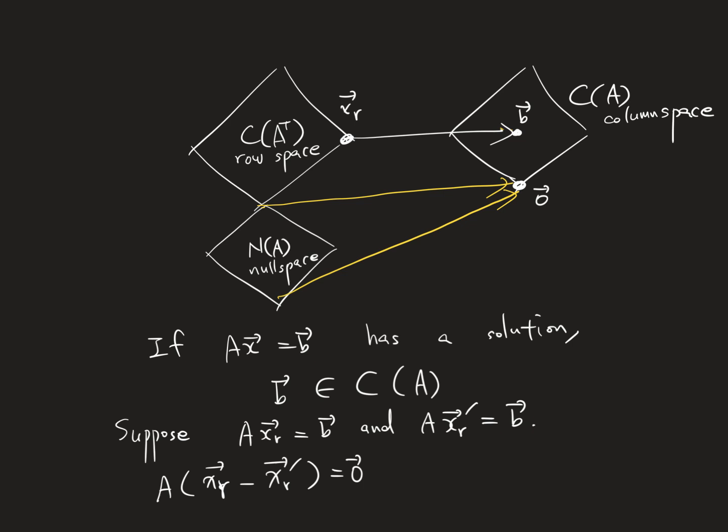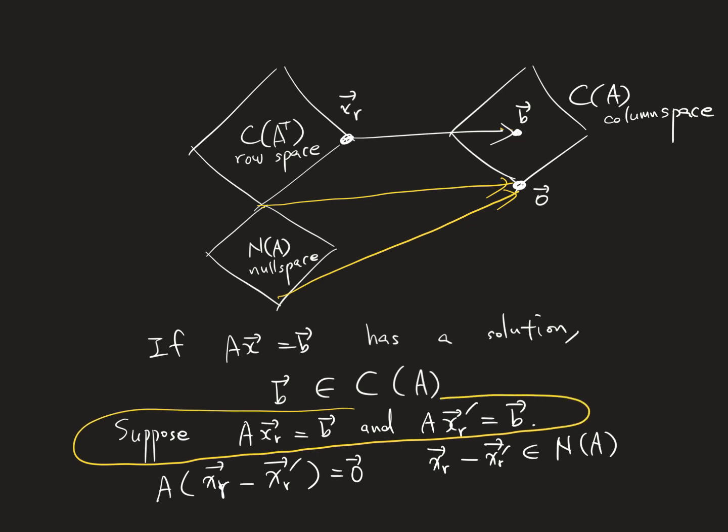So by the definition of null space, x r minus x r prime will be in the null space. But we assume that x r prime is in the row space, so it is in C of A transpose.